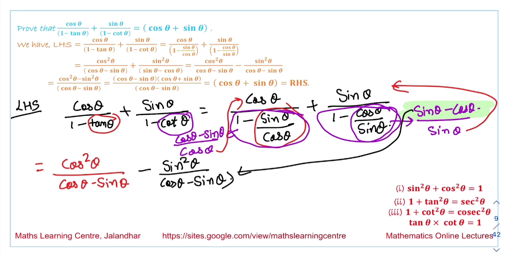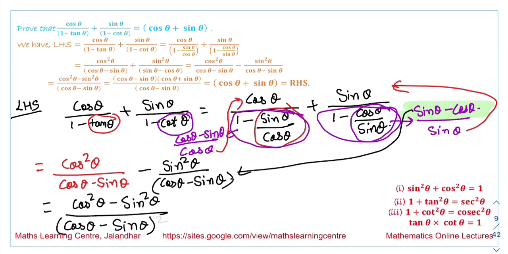We have taken the minus sign common from both these terms, so we are left with this. So it is equal to (cos square theta minus sin square theta) over (cos theta minus sin theta) whole square.